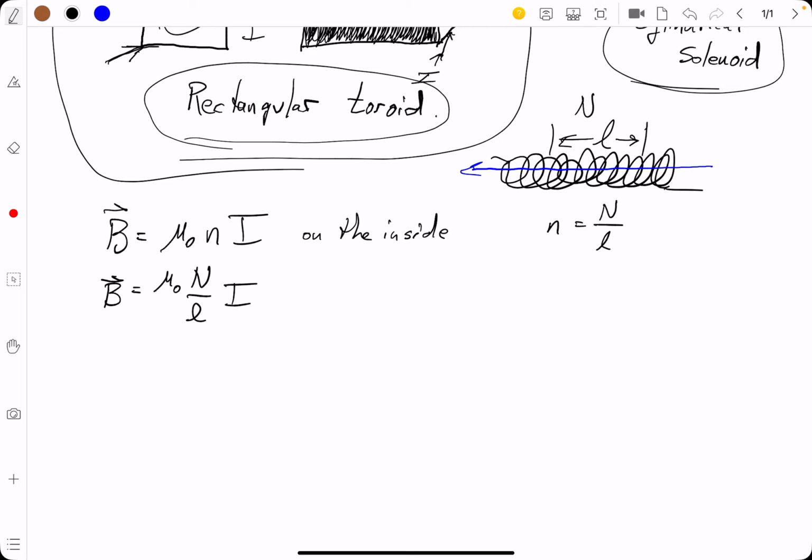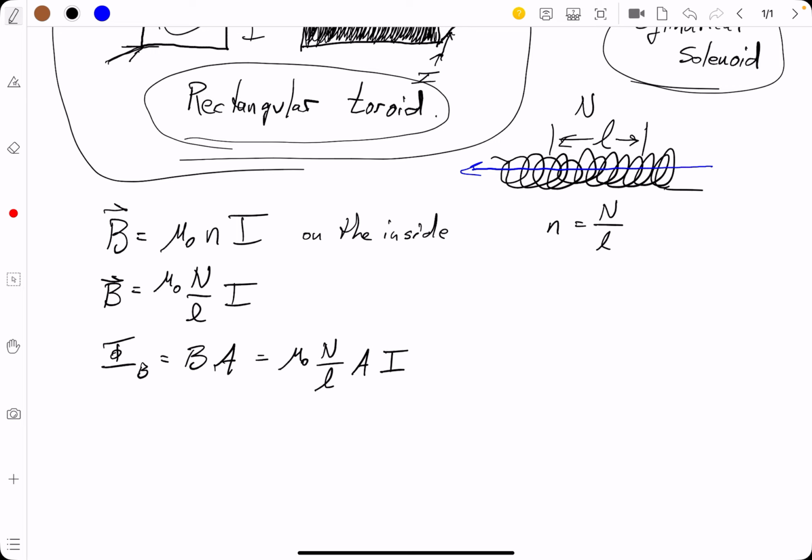And we can then say, what is phi? Phi, our magnetic flux, is B times A. Everything's perpendicular, so we don't have to worry about the angle. I'm going to put the A before the I, because the I might change.